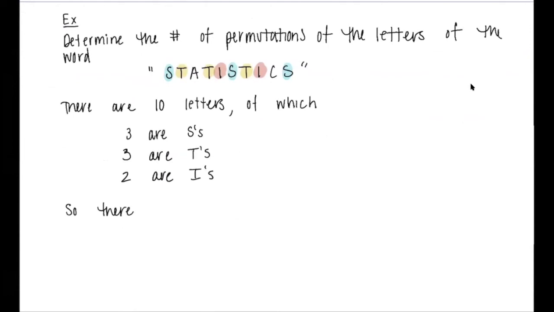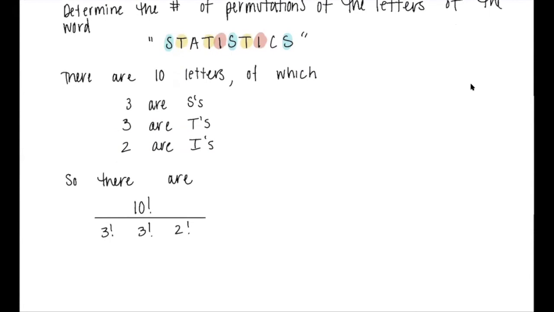So in total, there are 10 factorial ways to arrange these 10 letters. But since 3 are S's, I've got to divide out by 3 factorial. 3 are T's, so I divide by another 3 factorial. 2 are I's, so we divide by a 2 factorial. If I had another letter that repeated 3 times, divide out by another 3 factorial.